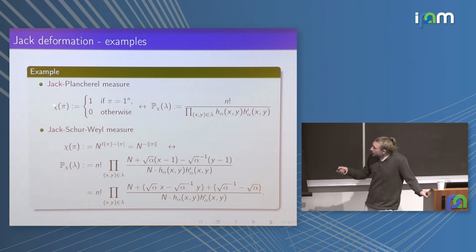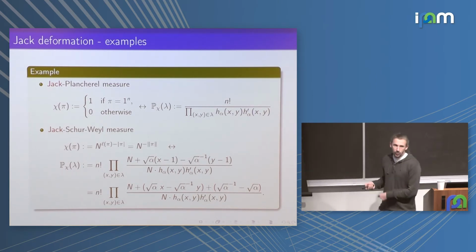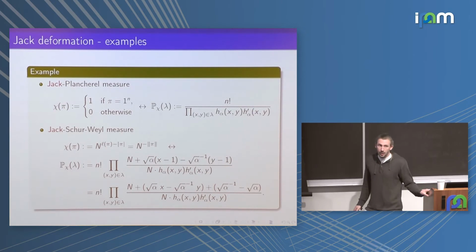My function chi is the same here and here as before, but now I have this parameter alpha. If alpha is equal to 1, this is exactly the Plancherel measure, and this is exactly the Schur measure. But if alpha is not equal to 1, I have a new measure. This one is called the Jack-Plancherel measure, and this one is called the Jack-Schur measure.